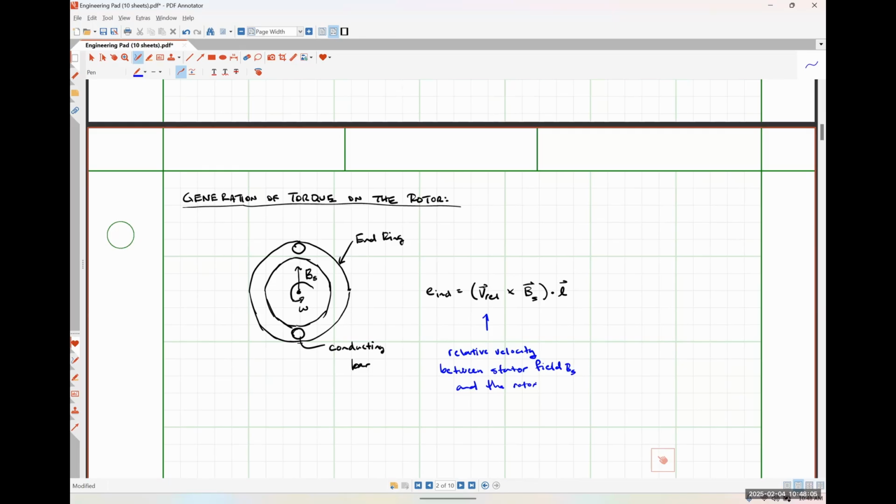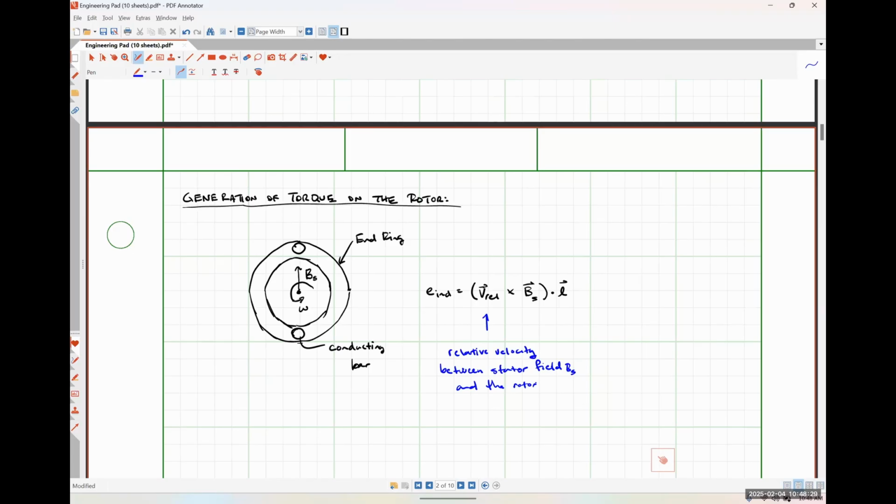So this is just the difference in speed of how quickly the stator field is moving minus how quickly the rotor is moving. So if the rotor is totally stationary, this relative velocity is at its absolute maximum. As our rotor starts spinning, that relative velocity gets smaller and smaller and smaller.